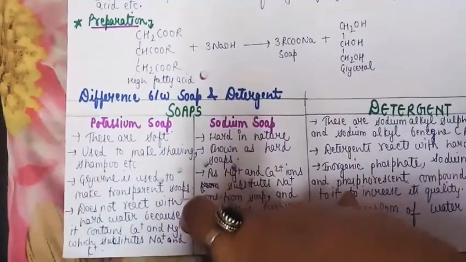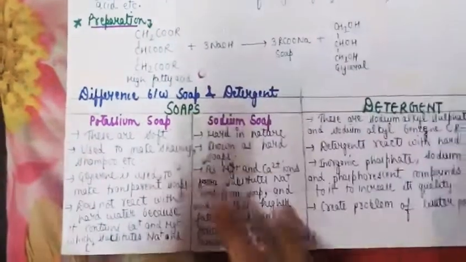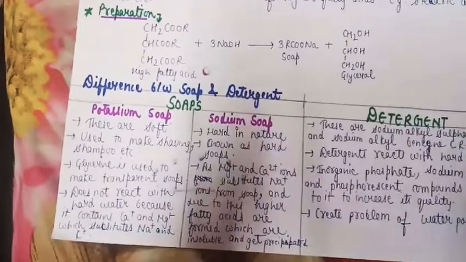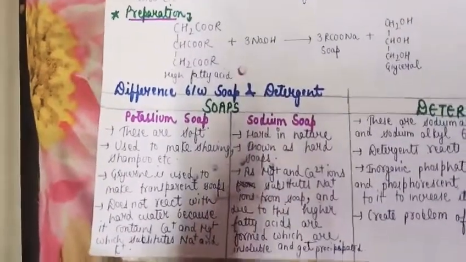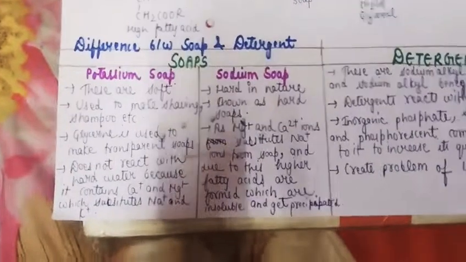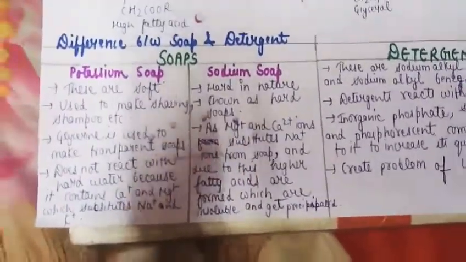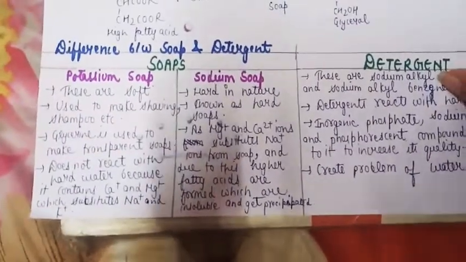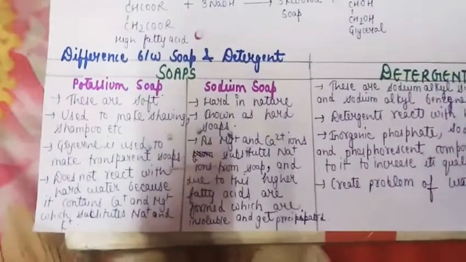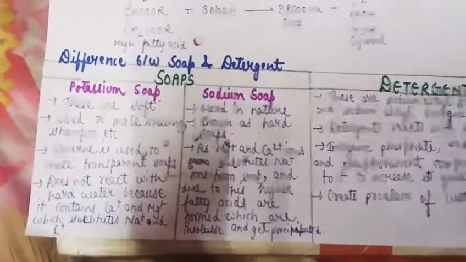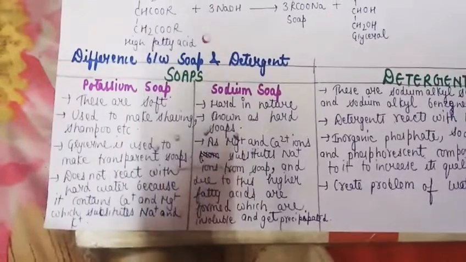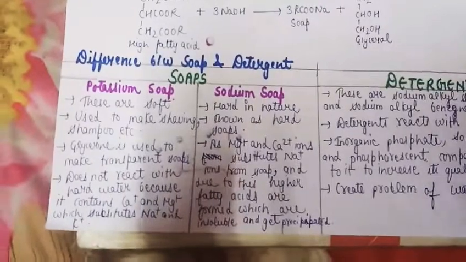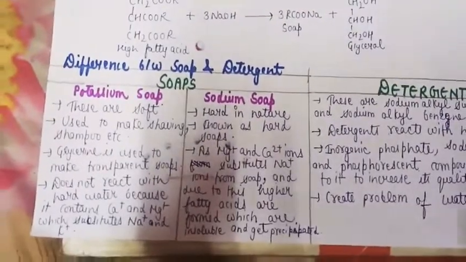It does not react with hard water, and this is an important topic here. Hard water contains calcium and magnesium ions, which substitute potassium or sodium from the soap, and this potassium and sodium is mainly responsible for the cleaning action. When sodium and potassium are displaced from the soap, there is no cleaning effect remaining, so it becomes ineffective and gets precipitated at the bottom.